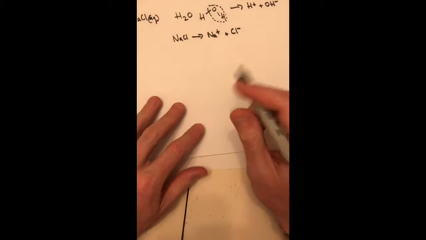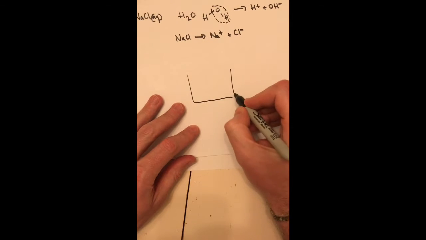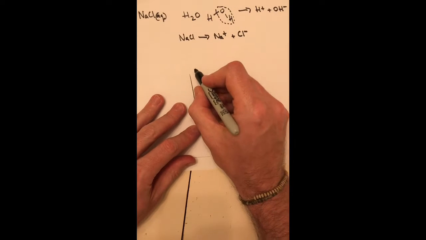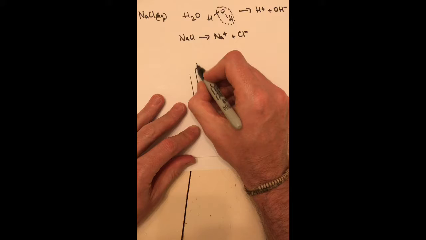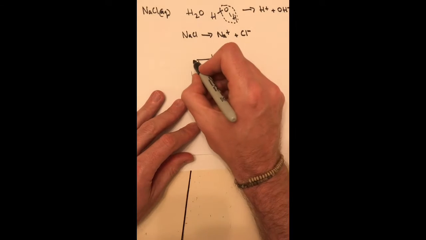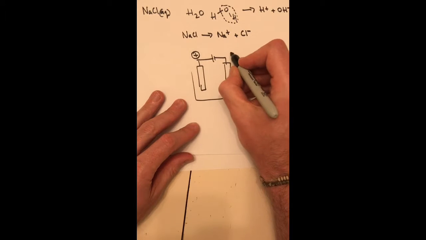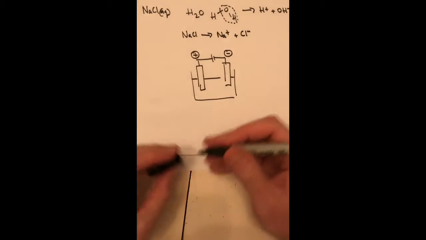So let's have a look exactly what goes on. Let me draw a little bit of a picture. Here we have my electrodes, and then across the top we need a DC supply, and I'm going to make this side my positive and this side my negative. Let's put a little top on there as well.